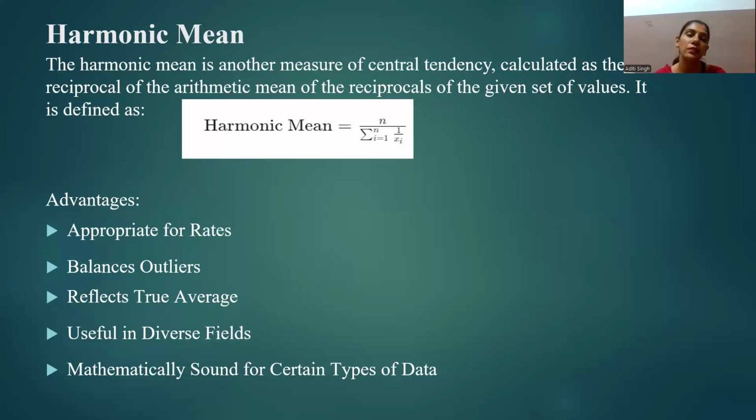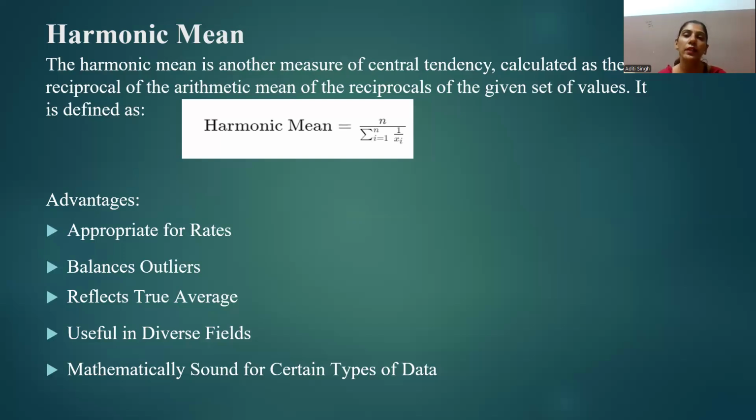In this case, the harmonic mean gives a true average that better represents the data. So when there is an inverse relationship like speed and travel time, the harmonic mean gives a true average and a better representation of the data.